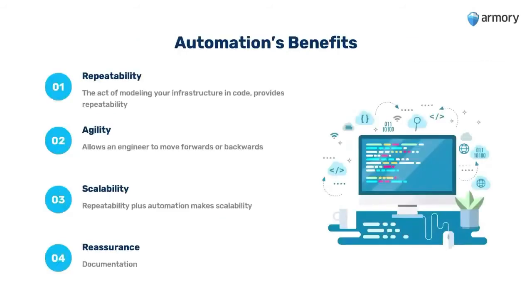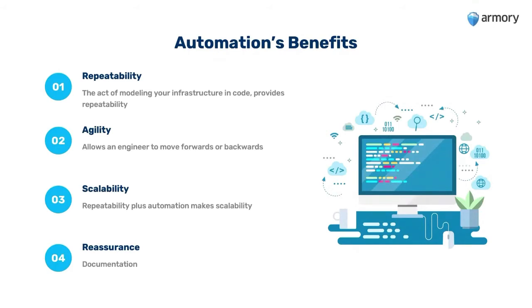And so what are the benefits of this infrastructure as code, this automation? Well, it's repeatable. We can provision 1,000, 10,000, 20,000 of these EKS clusters with the Armory Enterprise Spinnaker installed on them. We get agility. We allow engineers to move forward or backwards.